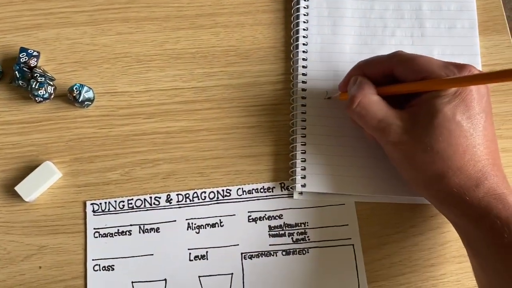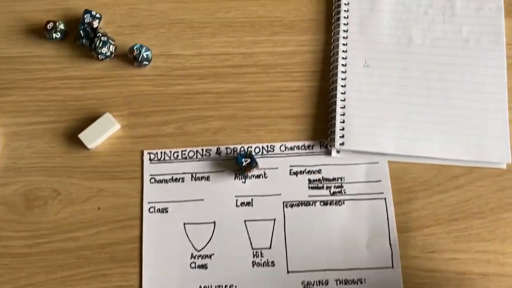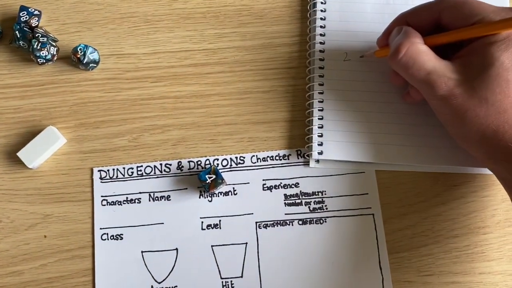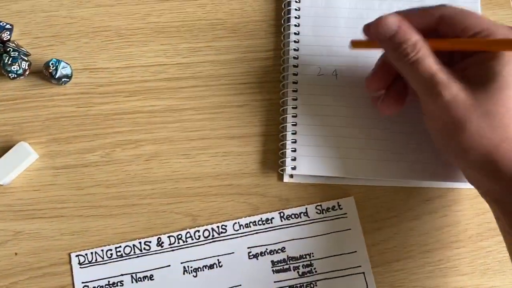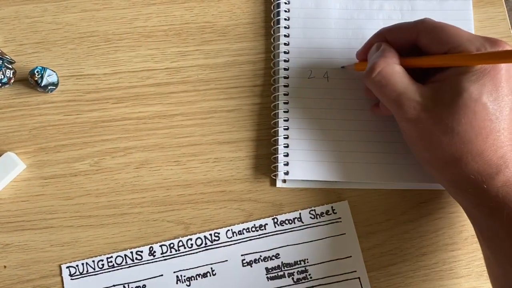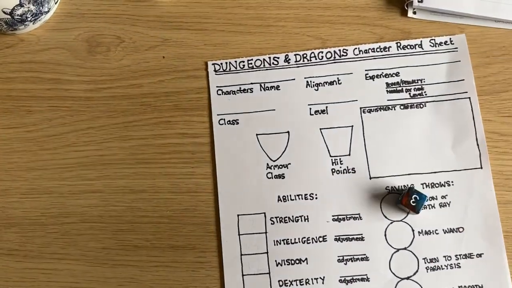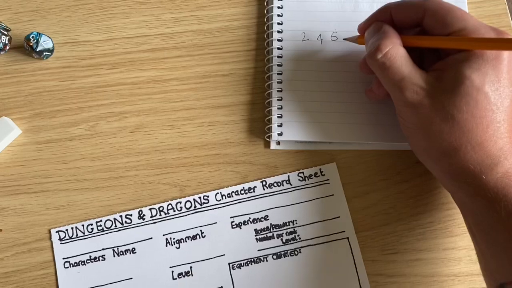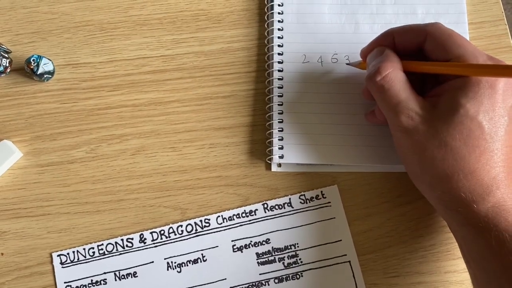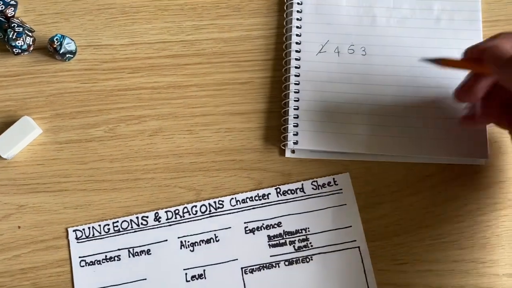So we've got 2, 4, 6, and a 3. So obviously the 2 is the lowest score, so we will discard that.